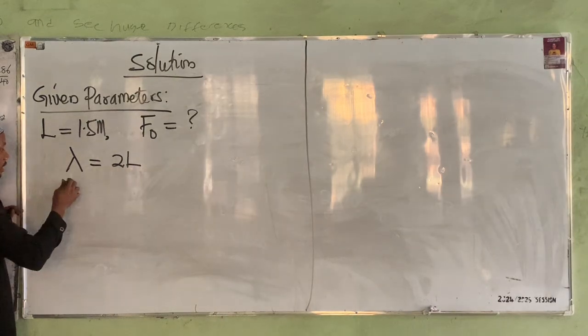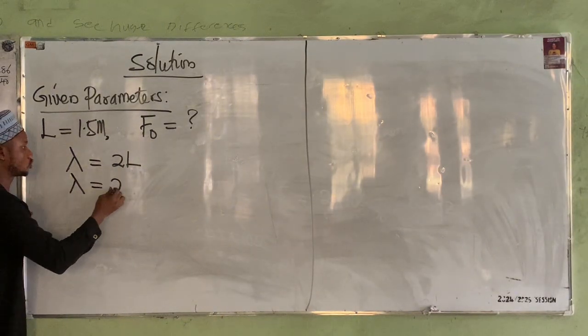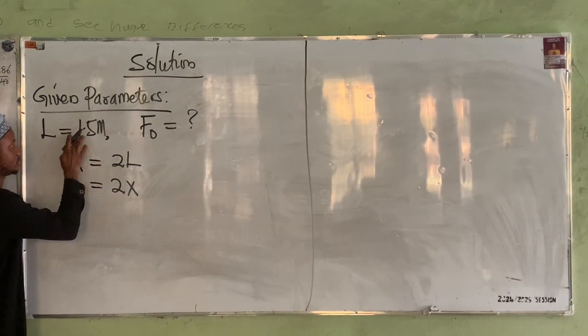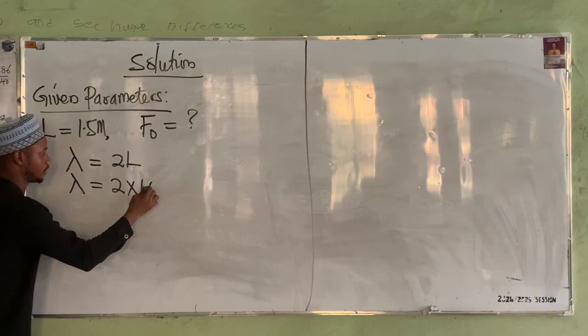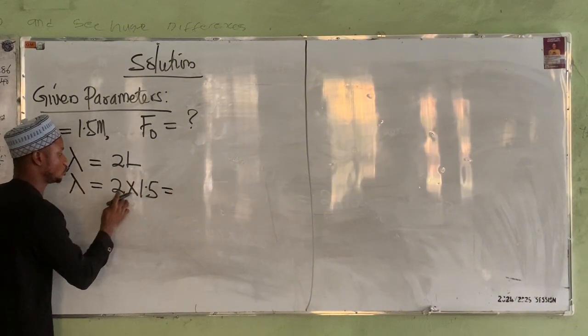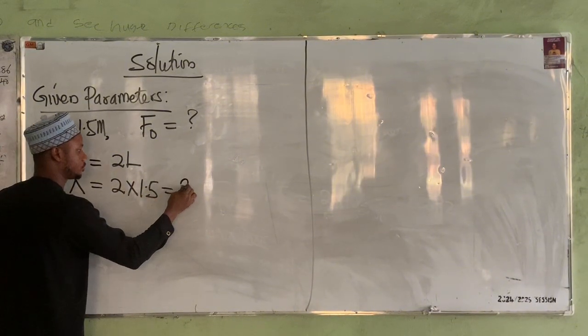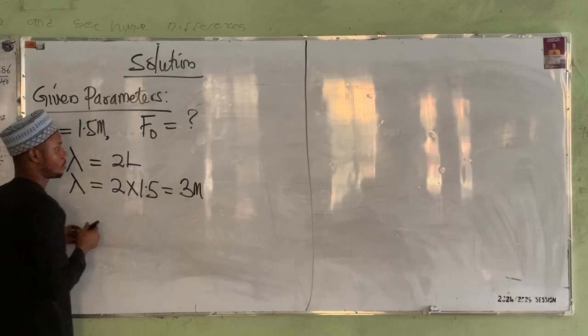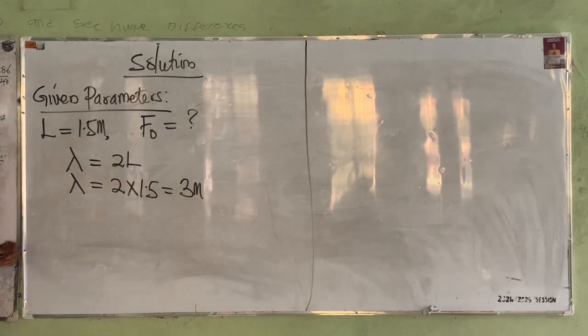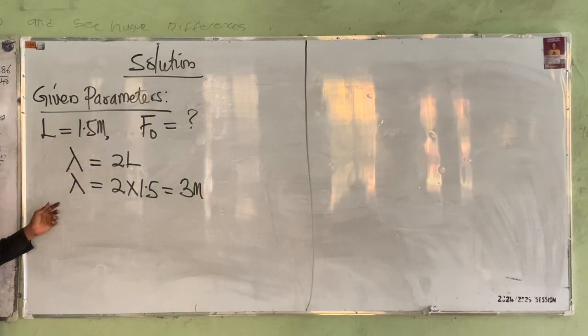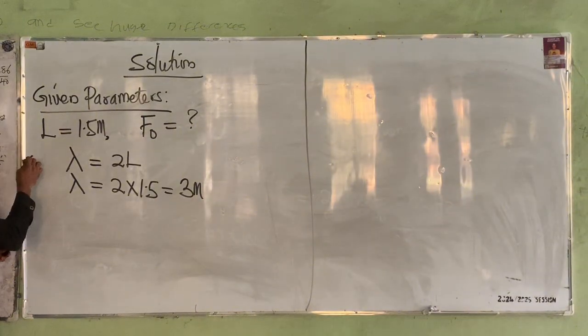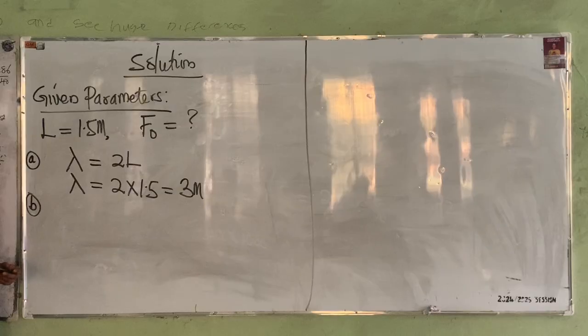So lambda here will be equal to 2 times our length, 1.5. 2 times 1.5, what is the answer? 3 meters. What is the next thing we are asked to calculate there? This is A. What is B there?